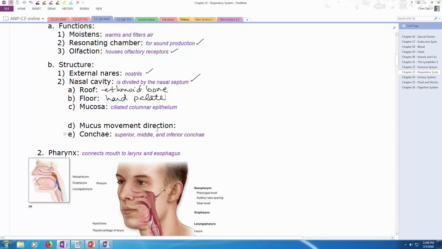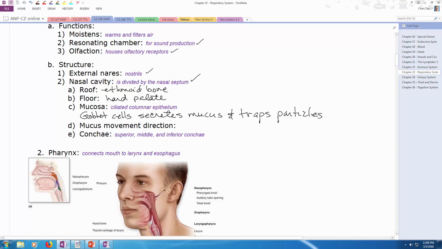The mucosa that lines the hard palate is ciliated columnar epithelium, and it has lots of goblet cells, which are going to secrete mucus and trap particles. So that's part of that filtration, getting the stuff out of the air before it goes down into the smaller airways.